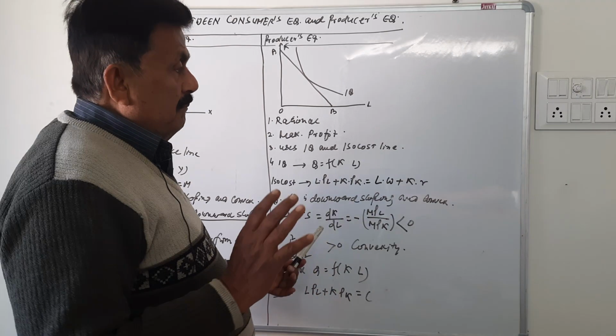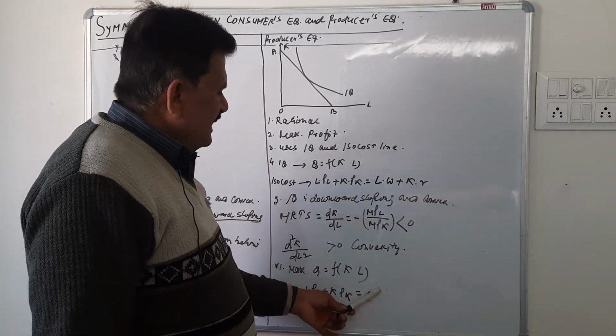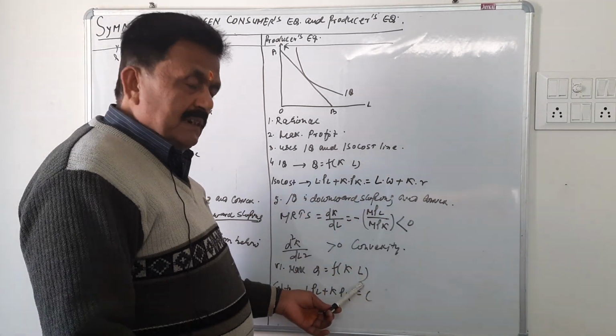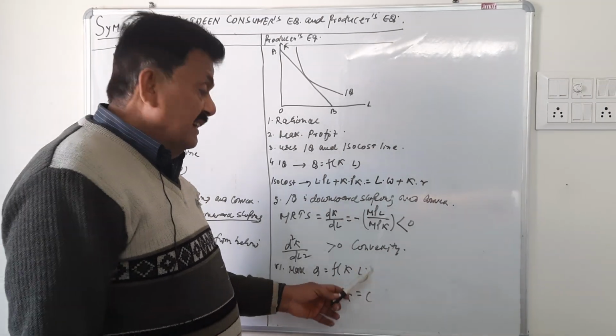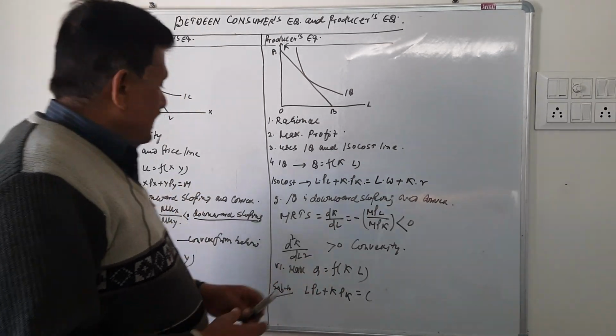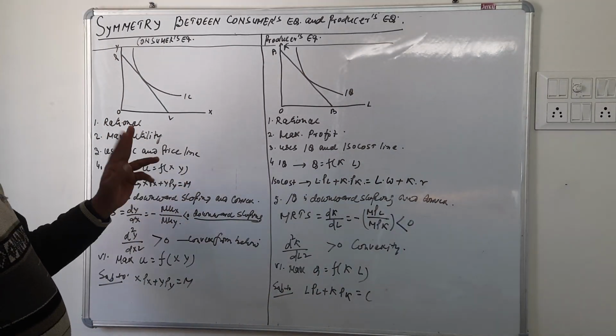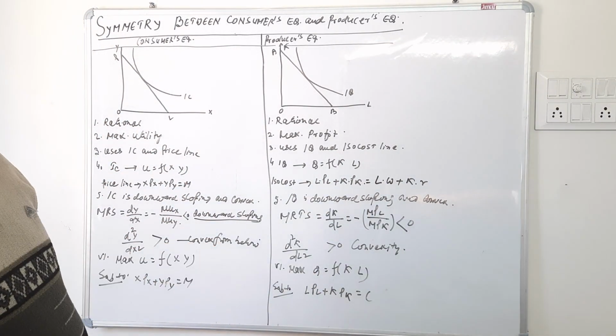So in the macro sense, you may call it the amount of investment to be made by the producer. As long as you are in micro, it is known as the cost, but it is the investment to be made by the producer.